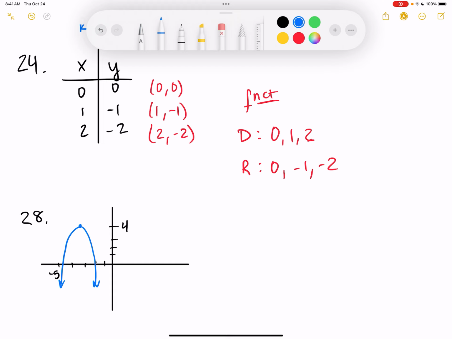For the sake of this problem, it's a little hard to see because of my hand drawing, but with a parabola, it's never going to have 2 x values that are exactly the same. It's always going to be off by a little bit for every point. So this one does pass the vertical line test. That means there's nowhere that there are multiple points intersecting my line. So this one would be a function because it passes the vertical line test. I usually just say VLT for vertical line test.